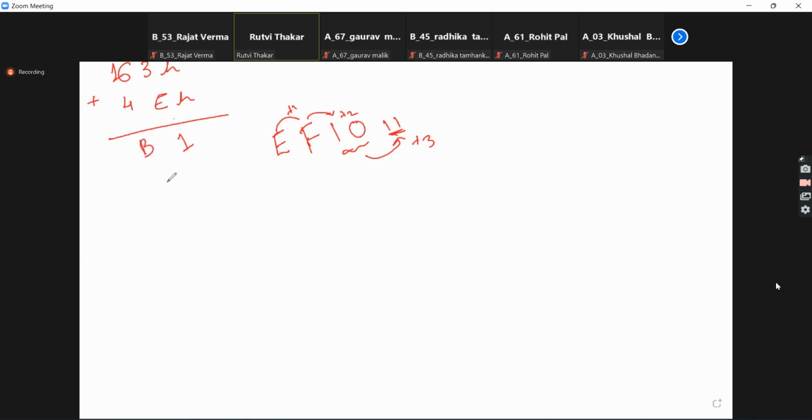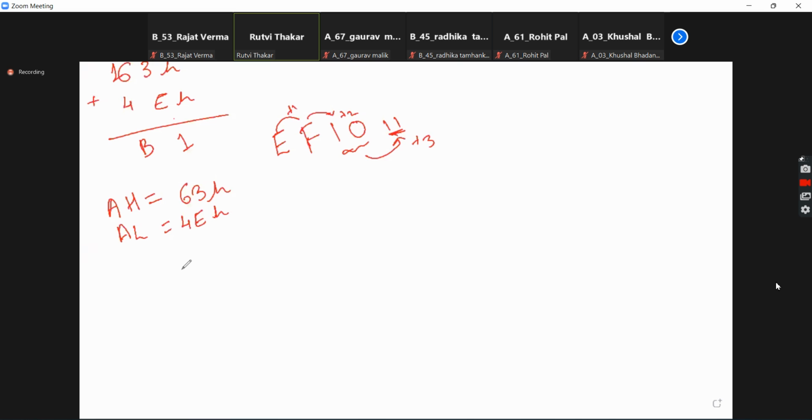Now addition of 2 digits, what is the resultant answer? It is also 2 digits, right? So suppose I had AH equals 63 hex and AL equals 4E hex. Now, the answer stored always starts to accumulate from the lower side.